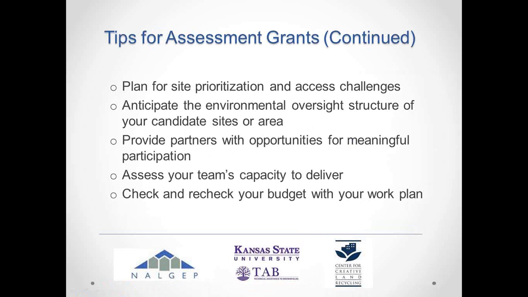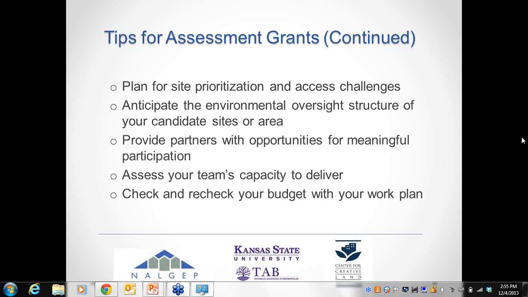Now, again, for assessment grants, site prioritization is one of those key tasks for community-wide assessments, and EPA would probably be looking at whether you've given any thought to it. Choose the sites, or at least create criteria, and this would probably be in draft because you have to check back with your community once you get your grant.